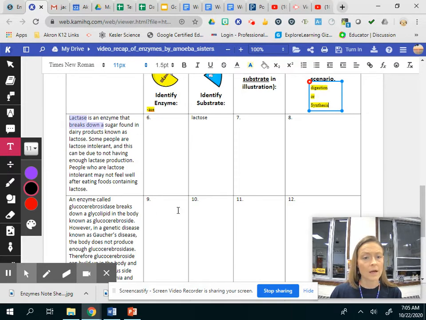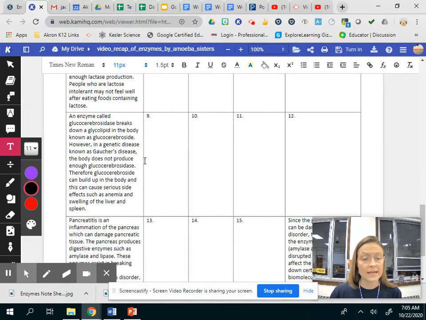Okay. And then the next one, an enzyme called glucocerebrosidase breaks down a glycolipid in the body known as glucocerebroside. However, in genetic disease known as Gaucher's disease, the body does not produce enough glucocerebrosidase. That's a hard word.